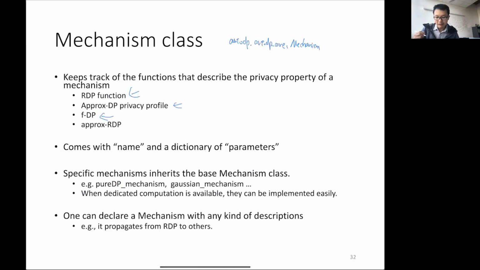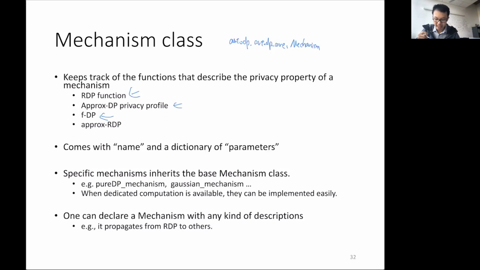So even though the FDP and privacy profiles are equivalent to each other, when both implementations are available, it is a good idea to have both of them rather than relying on the conversion, for numerical stability, and also for the preciseness of the evaluation of these quantities.